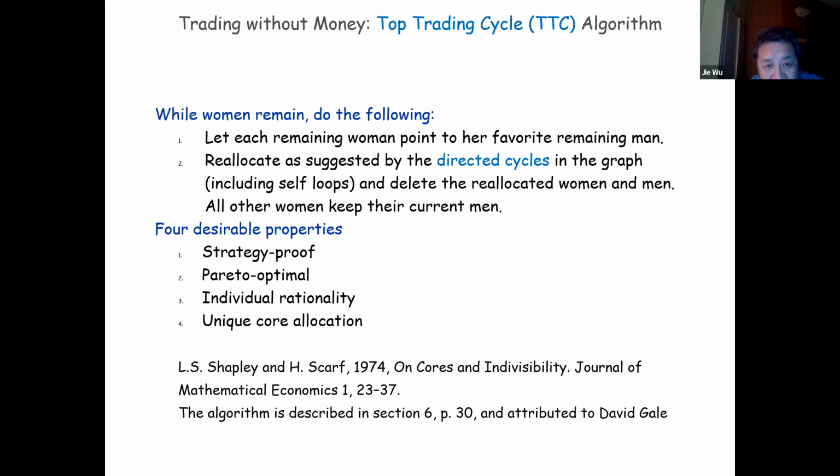So let me just quickly talk about this interesting property. One property is called strategy proof. It means that whatever mechanism or algorithm is proposed, no one will lie.